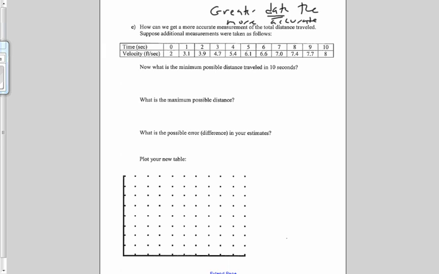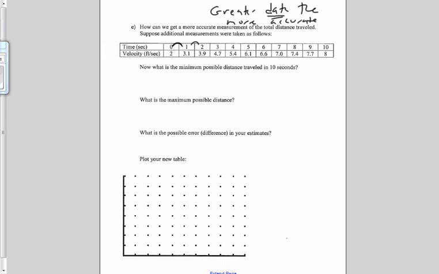Or even more correct is that the smaller the distance between each x increment, the smaller the distance between those x values are, the more accurate it's going to be.